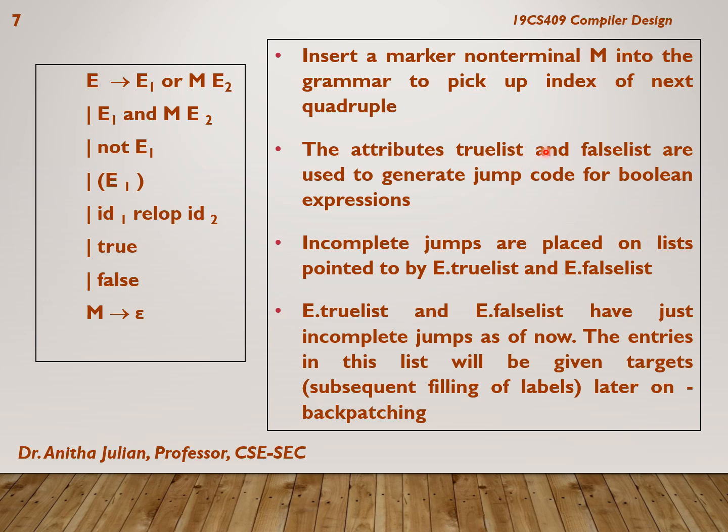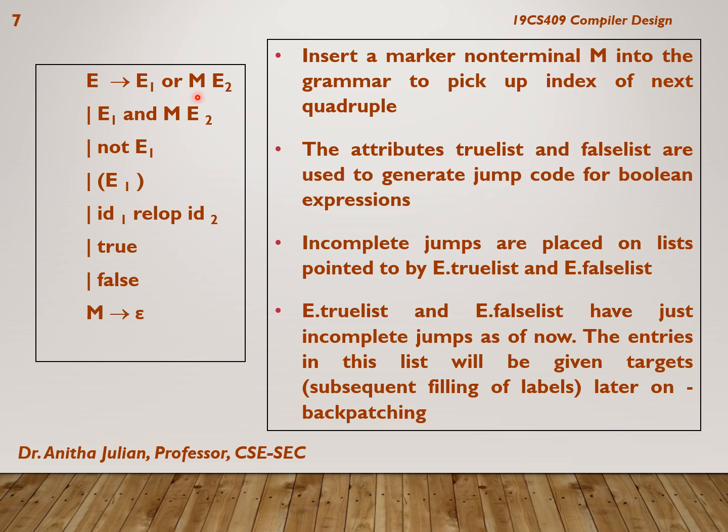And then we are going to talk about two important things: something called true list and false list, which will act as attributes for this grammar. We know very well that as we do the semantic analysis, we need the attributes. So here we are going to have a true list and a false list. We have to track whether the condition is true or false while evaluating the Boolean expression.